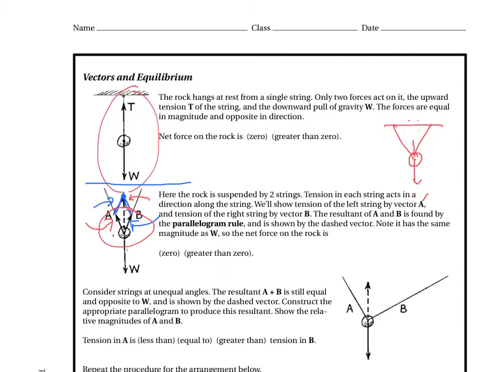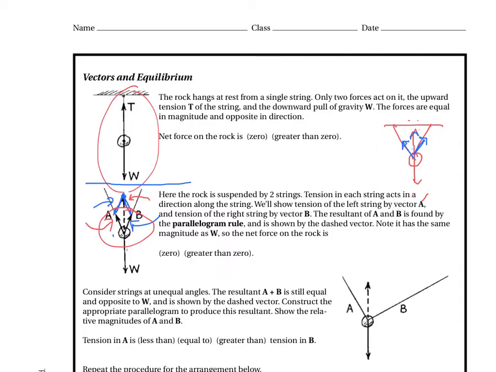We need an upward force going straight up, but there's no string to supply that force. So instead, we have to draw in our lines parallel to each axis, and where they intersect the string is where we will see the amount of tension in each of the two strings.